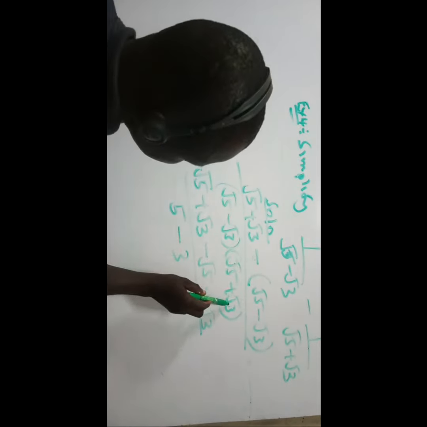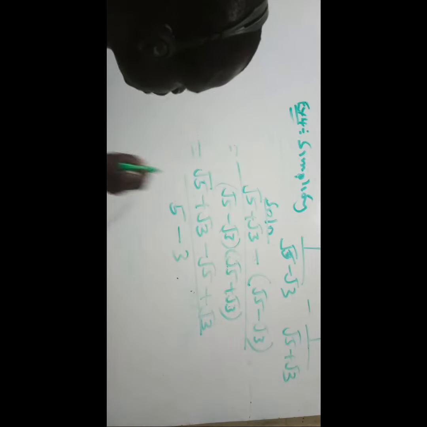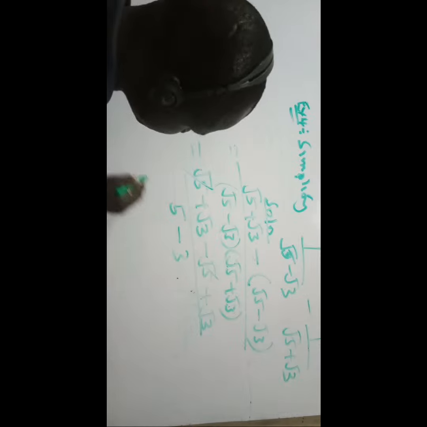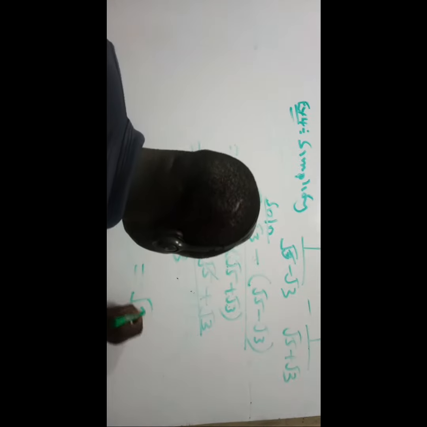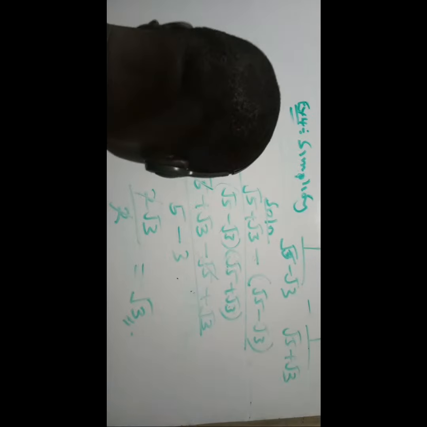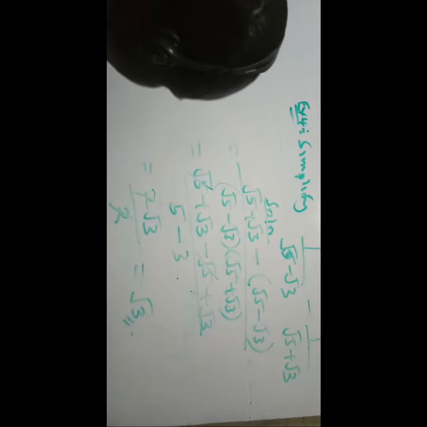This to multiply this, root 15 minus root 15 will cancel out. So this is what you get. Then at the numerator also, root 5 can take care of root 5. So at the end of the day, we have 2 root 3 all over 2. 2 will cancel 2, so that our final answer will be square root of 3. And that is what we are expected to get.